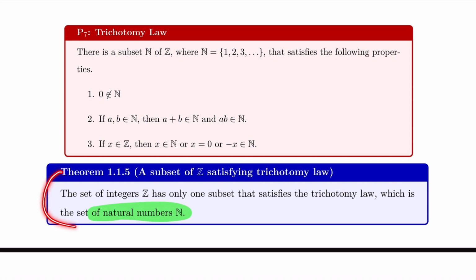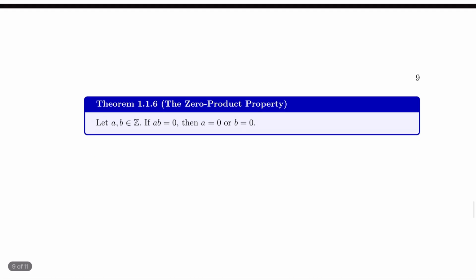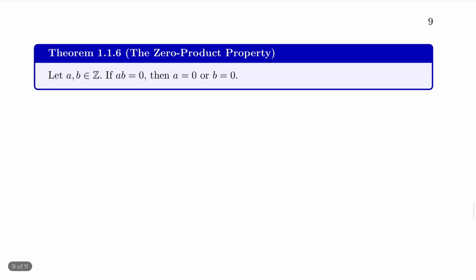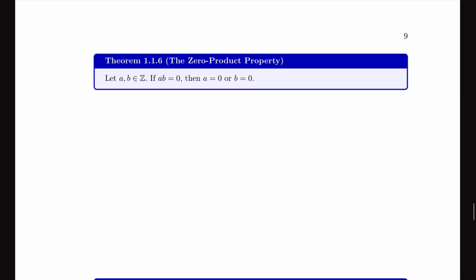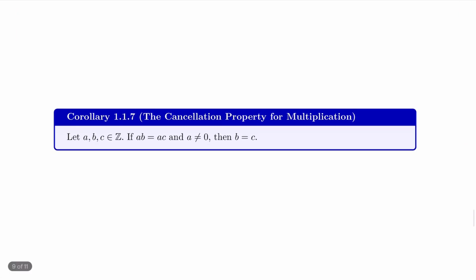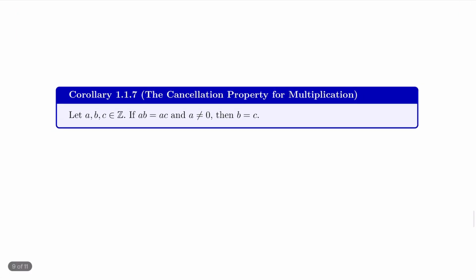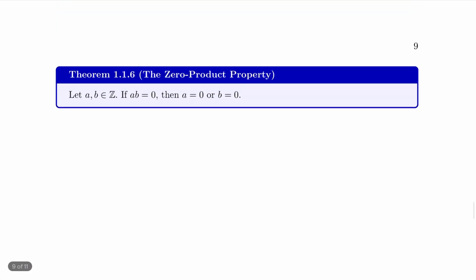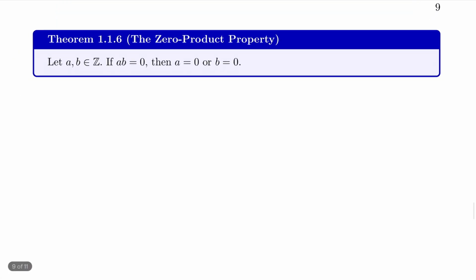We already proved it in the previous video. Today we are going to prove this theorem, which is the zero product property and the cancellation property for multiplication. So let's go to the proof of the zero product property.